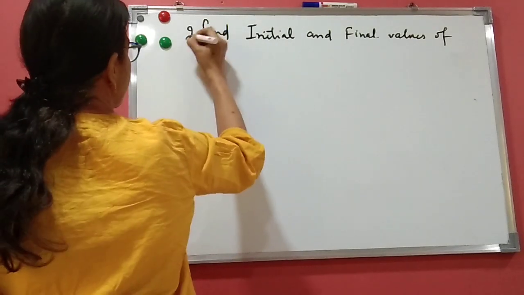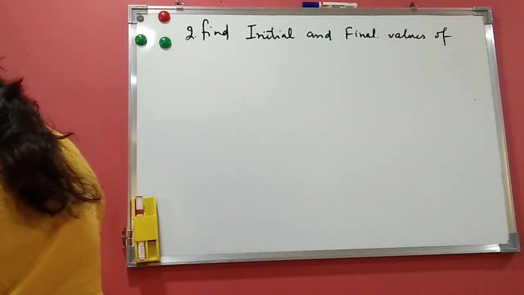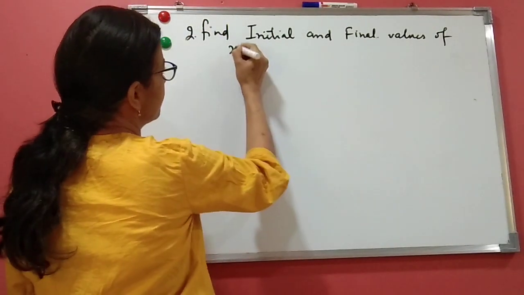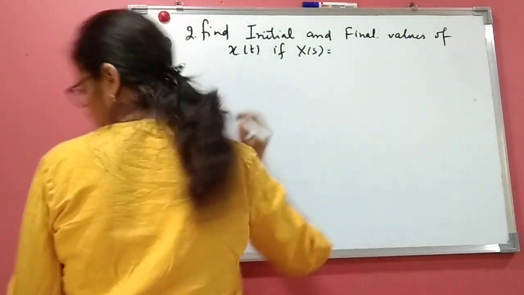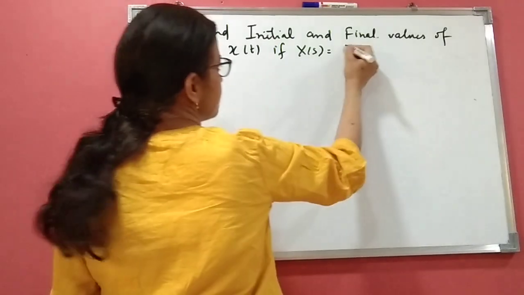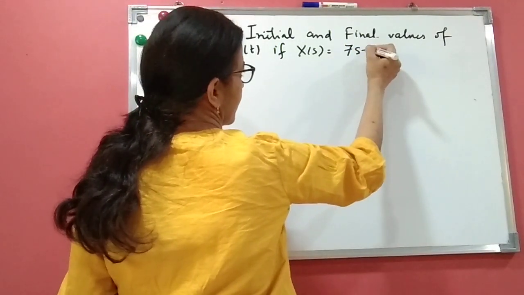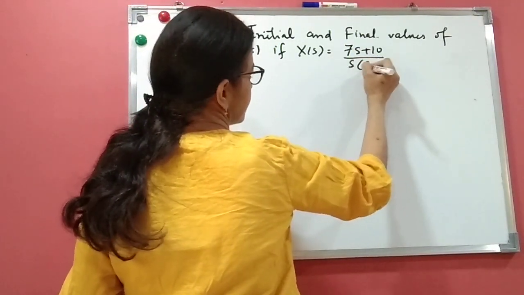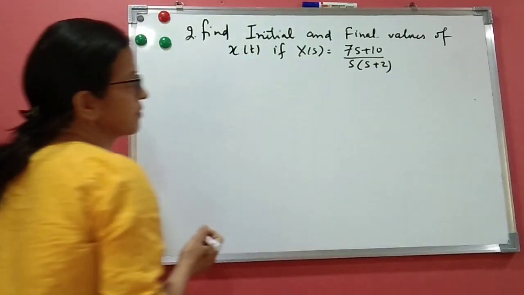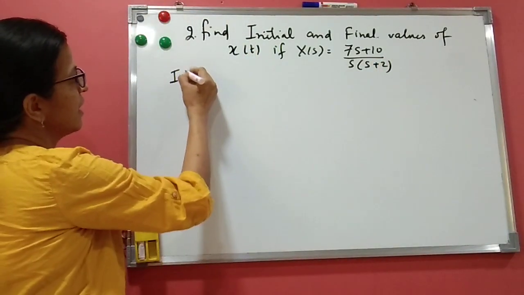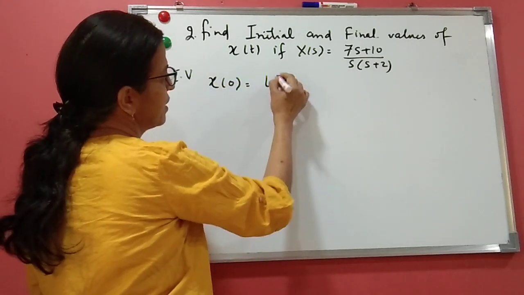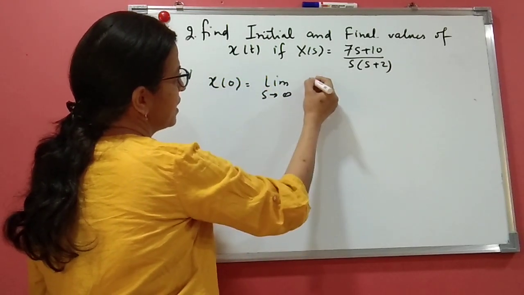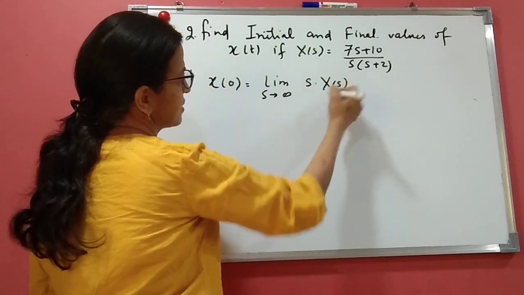Second question is: find the initial and final value of x of t if X of s equals (7s plus 10) upon (s plus 2). Okay, again, what is the initial value theorem? x of 0 equals the limit s tends to infinity of s into X of s.